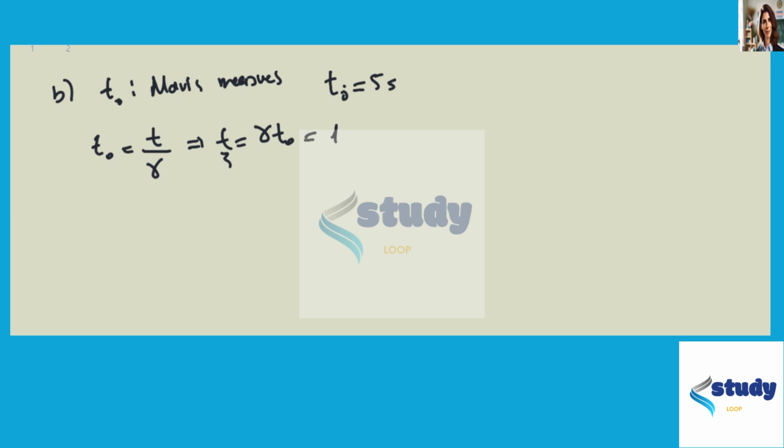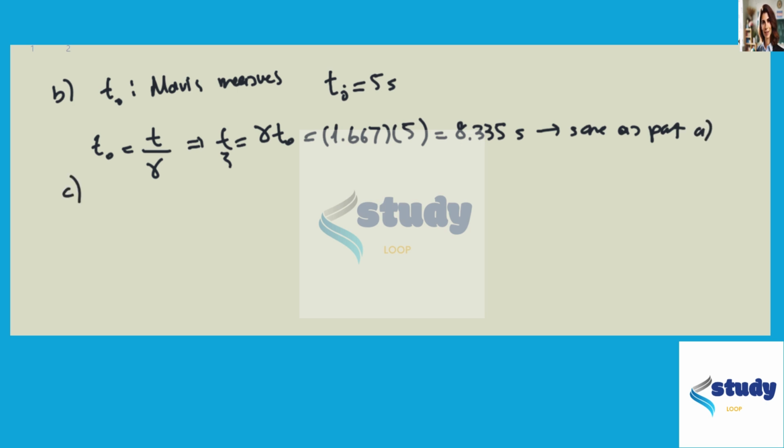Gamma was calculated to be 1.667 times t naught, which was 5 seconds. As you can see, we're getting the same answer as part A. Right? It couldn't be any other way.